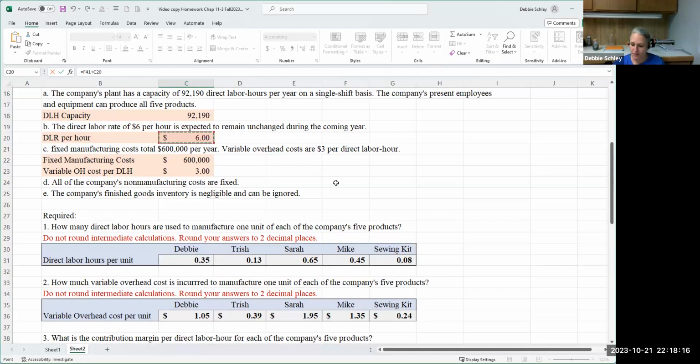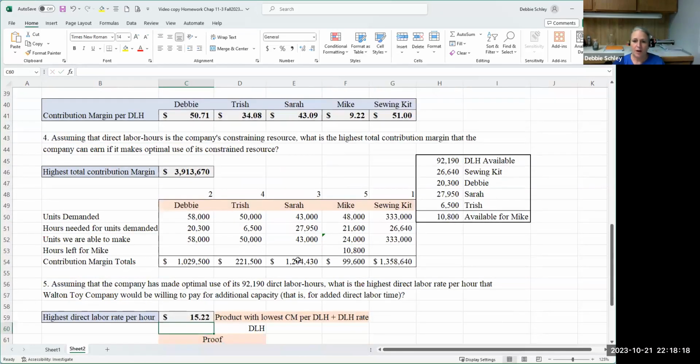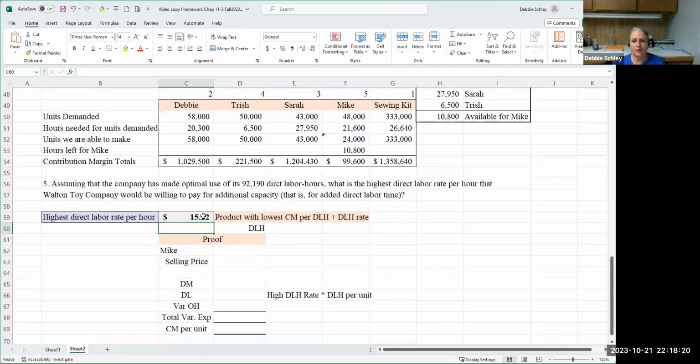So for mine, it was $6. So in my problem, the highest they should be willing to pay per direct labor hour is $15.22. And that's simply because then for those other 20,000 units, they'll at least break even.